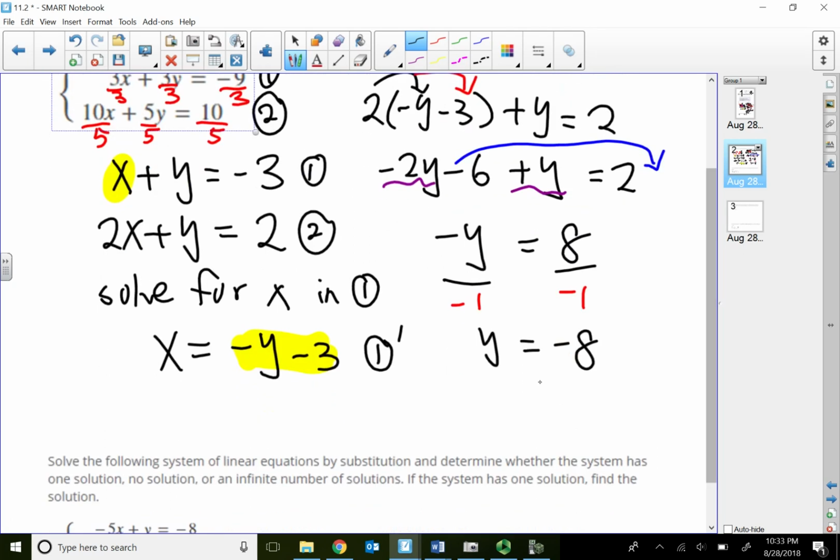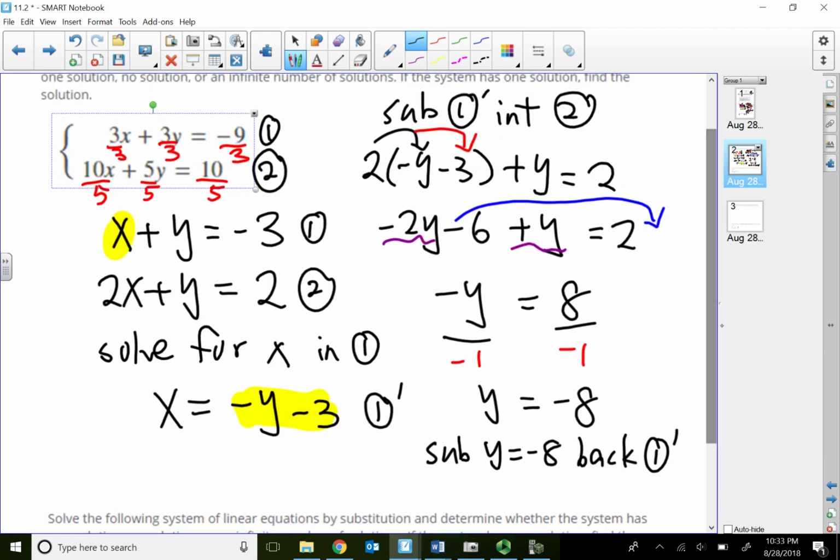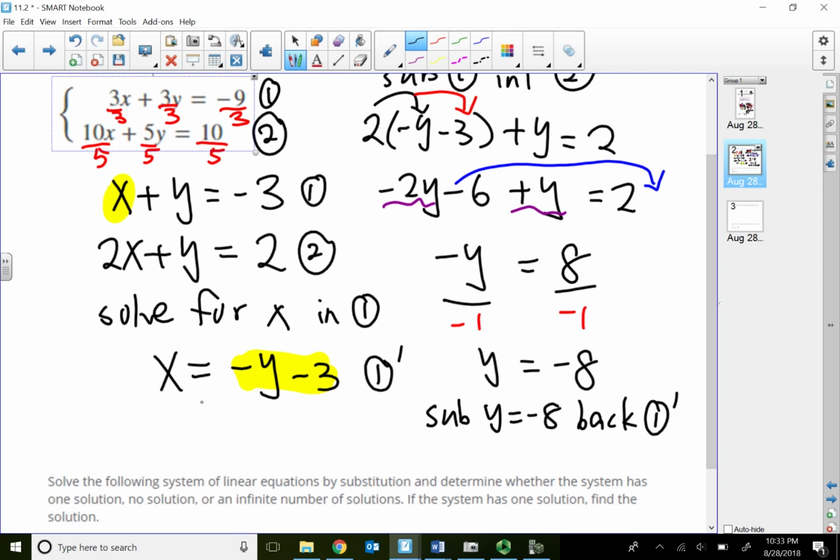So once I come up with one answer, I can take that answer and substitute back to my first equation prime. I can technically go back to the original first two or the first equation prime. Okay, they're all the same thing. It's just easier to come back to this one where I already get x by itself.